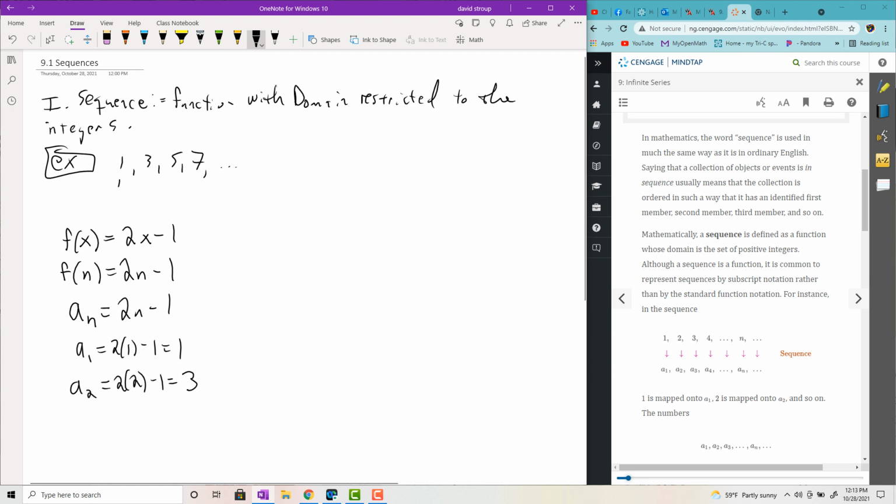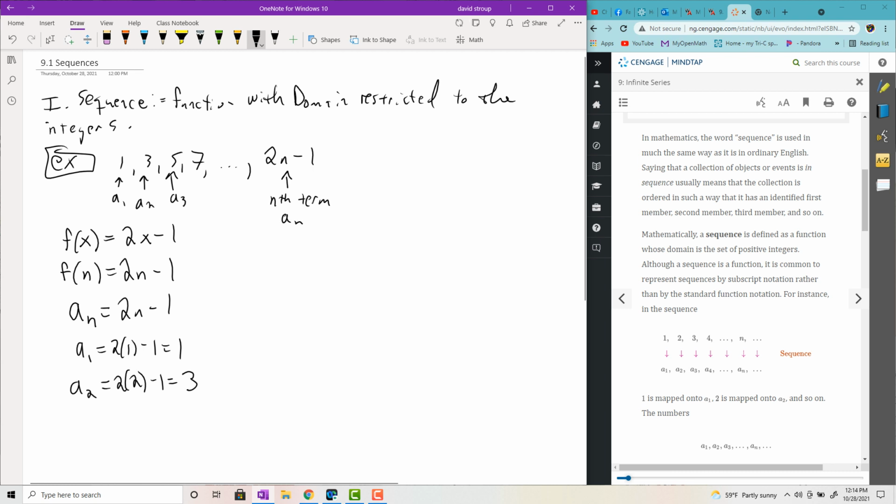You see this is the first term, a sub 1. It's the second term, a sub 2, etc. This would be the third term, a sub 3. That formula 2n minus 1 is considered the nth term formula, and a sub n is what it's called.